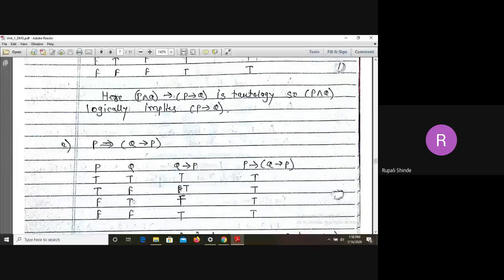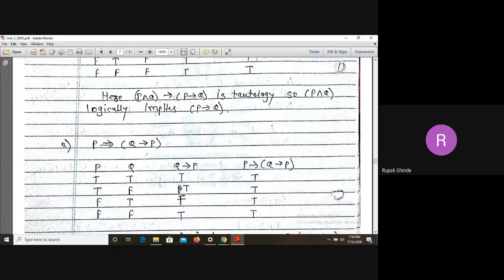In the third combination of Q, T is there, and for P its value is F. So for this combination T F you will get the final value F, and for the remaining values it is T.